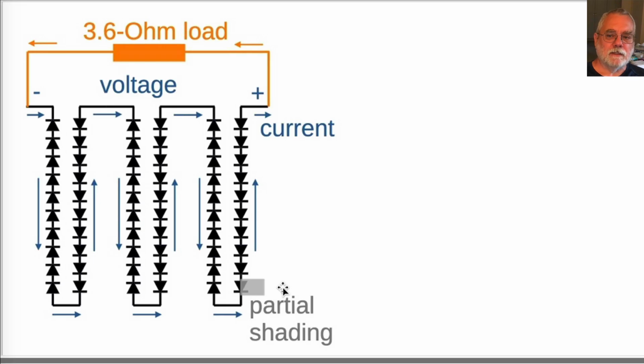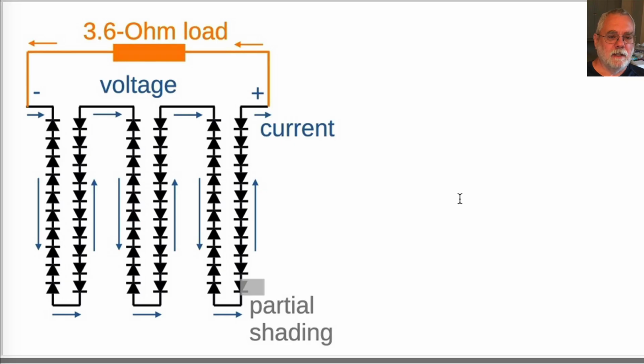Assuming for now a fixed load resistance of 3.6 ohms, the voltage sourced by the solar panel must be 15.3 volts, as it was in the previous section, and the power sourced to the external load, 64.7 watts. The partially shaded solar cell has reduced the power output of the entire panel, as though all the solar cells were shaded, but they are not.